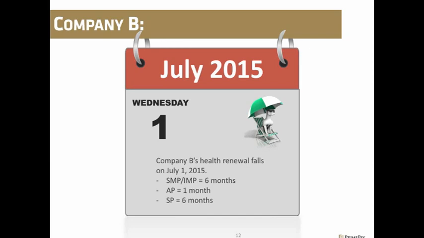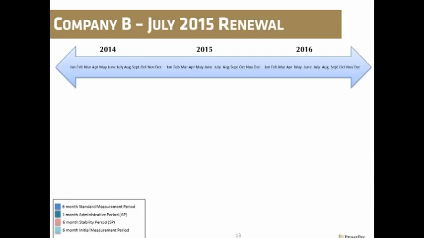So here's a company, and maybe we didn't throw in different attributes and characteristics of the employer, but this employer says, you know what, 6 months as a measuring stick for my employees is good. It's good for me as an employer, and so they chose to do that. So we have 6, 1, and 6 that we're going to show you here.